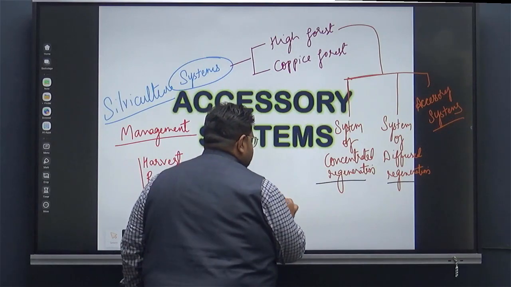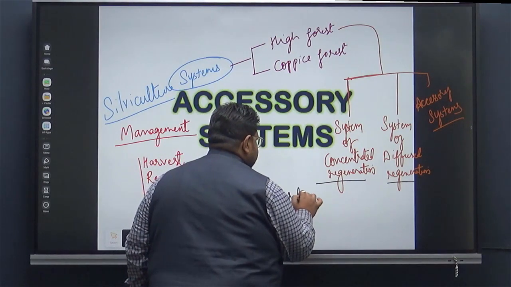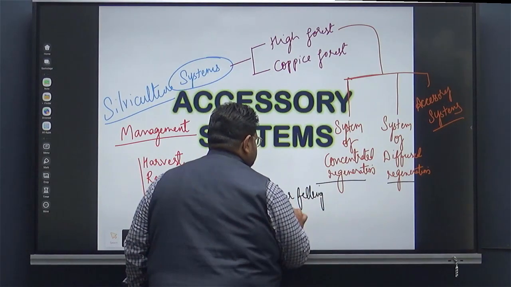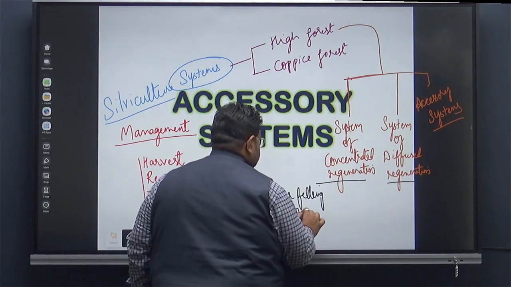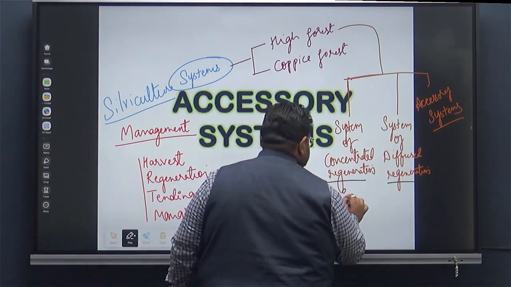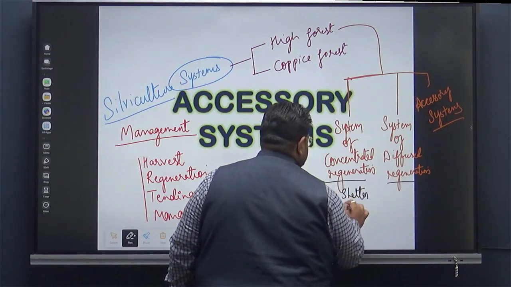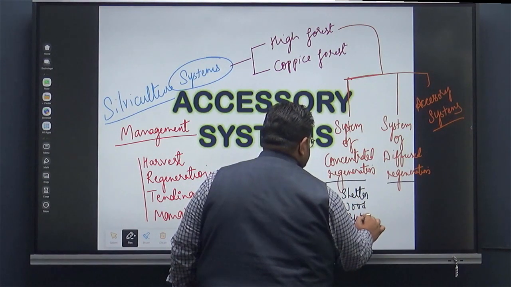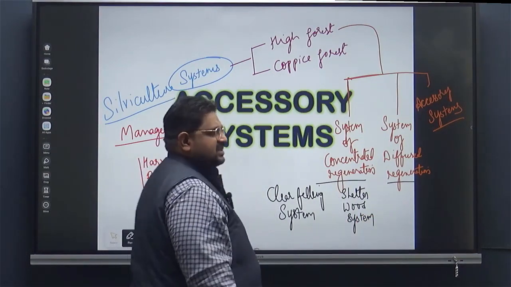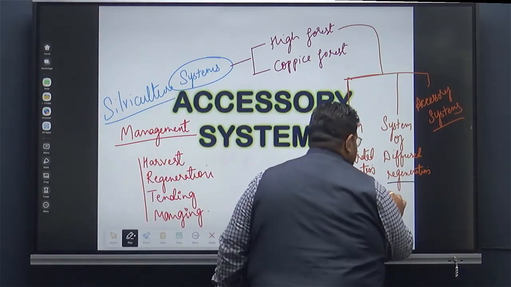In this we have the clear felling system, and we have the shelterwood system. And under diffuse regeneration we have a system called the selection system.